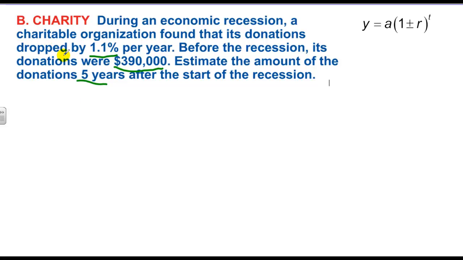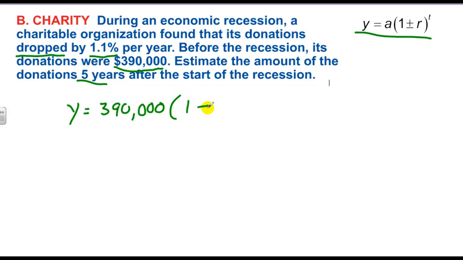So, once again, it doesn't seem that there's any compound interest, so we're going to use the same equation. But this time we have a decay because things are dropping. We have an initial amount of 390,000.